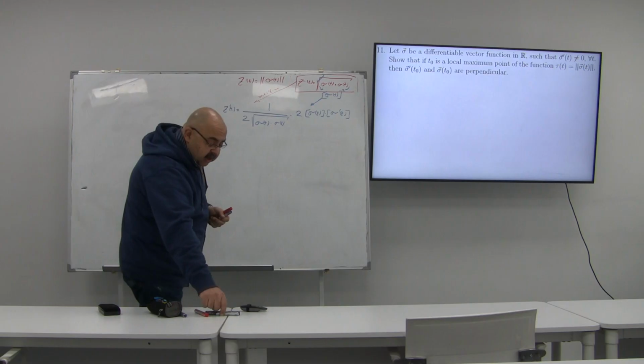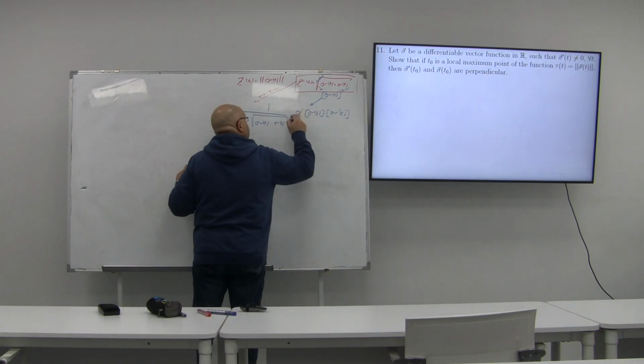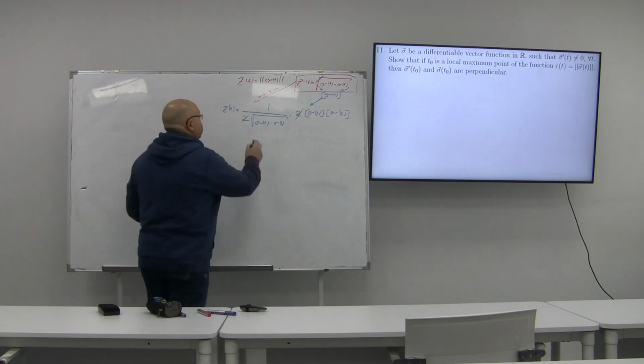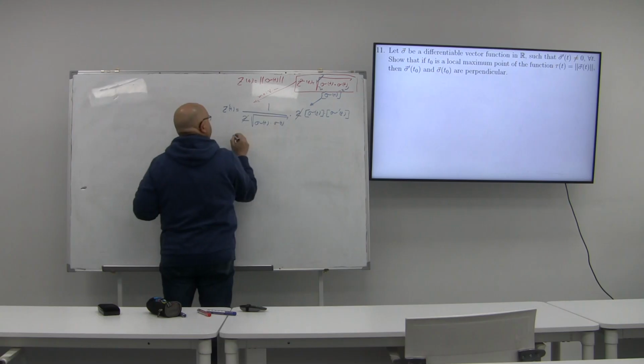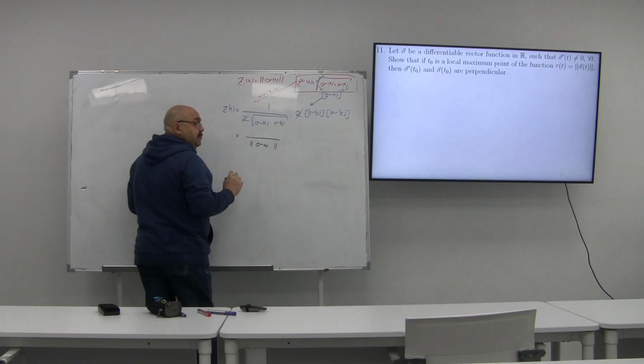Now to simplify things a little bit, I will take 2 from the numerator with 2 from the denominator. This will come again to be the magnitude of rho function of t, and for the denominator I will have the following.